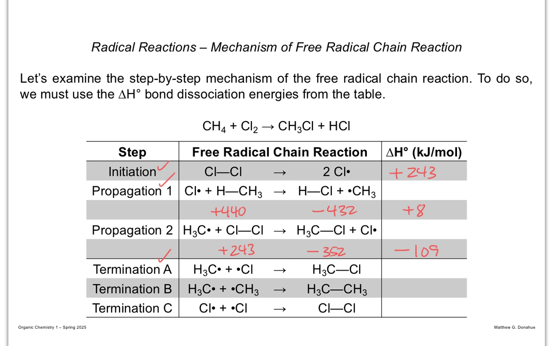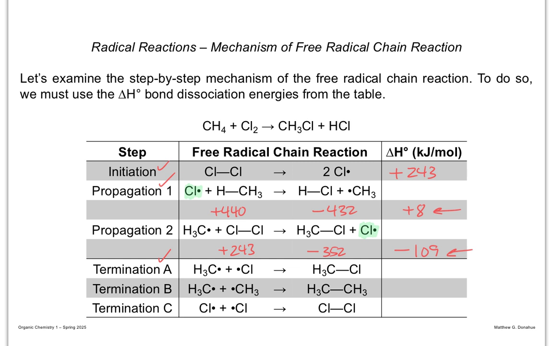So what's the important thing to note about this? So we said that radical, the chlorine radical, was propagating. So it's going to go back up here into propagation step 1. So when we look at this number, negative 109, we ask the question, is that producing enough heat or energy to meet the requirements of that step?